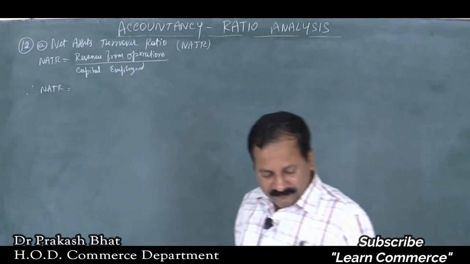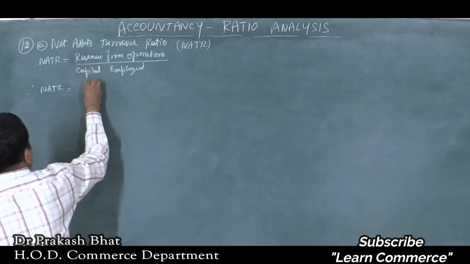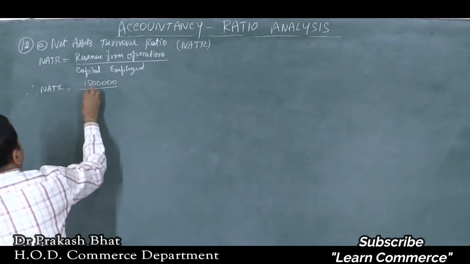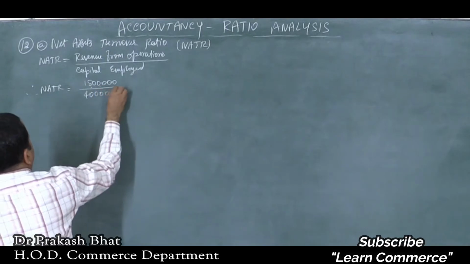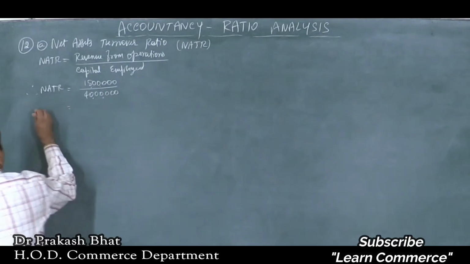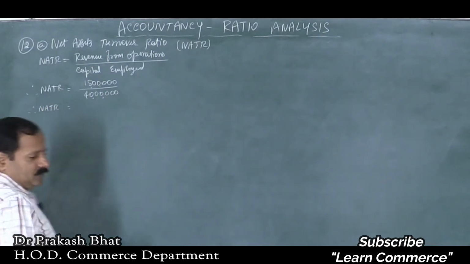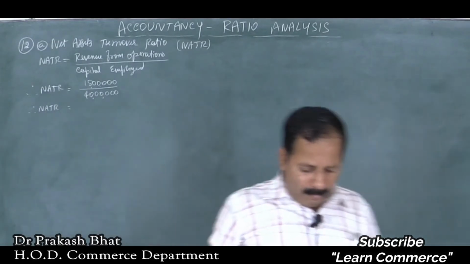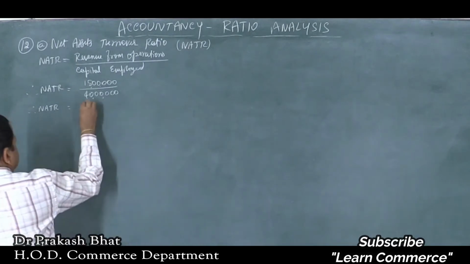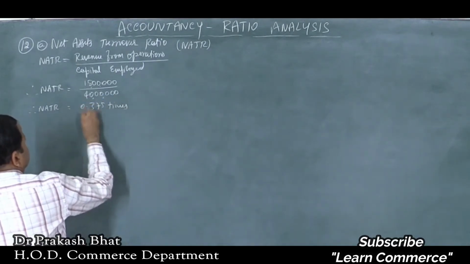So let us solve it. 15 lakh revenue from operations divided by 40 lakh, is equal to, therefore NATR is equal to how much it is? 0.375 times, isn't it?